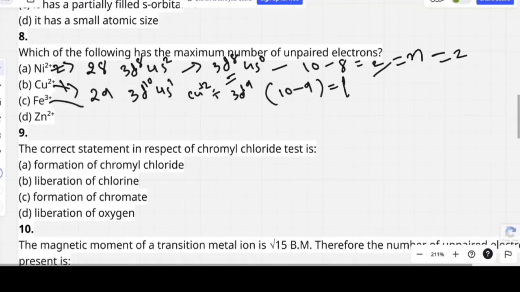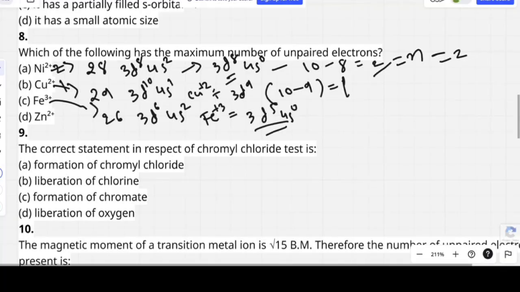So I move to Fe3 plus. For iron, the atomic number is 26. It has 3d6 4s2. For Fe plus 3, you have to remove 3 electrons. It becomes 3d5 4s0.